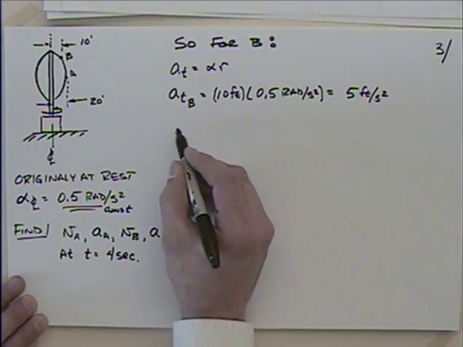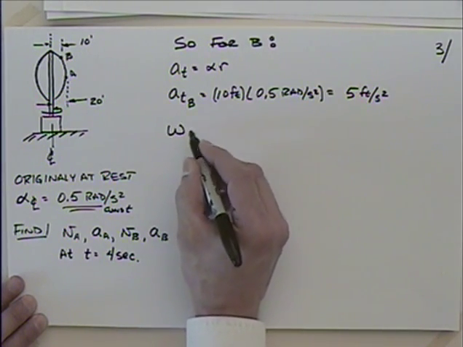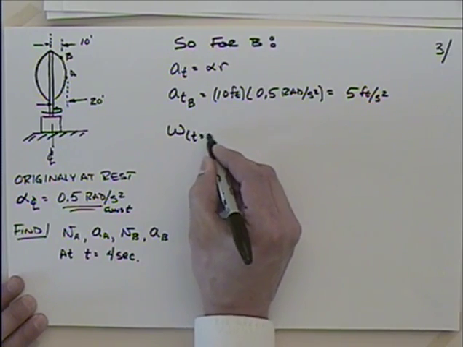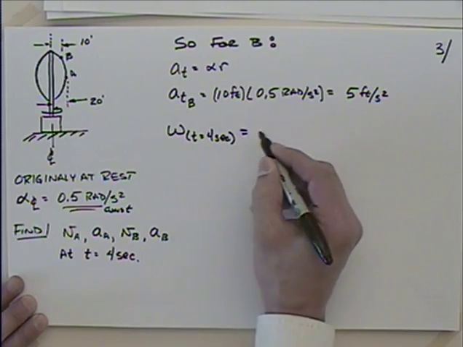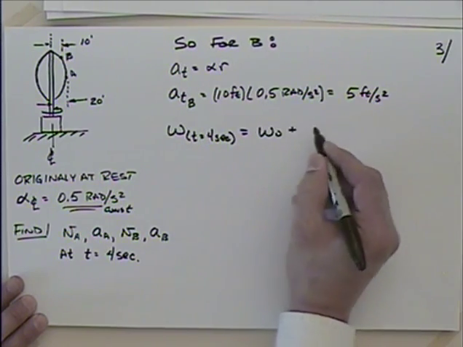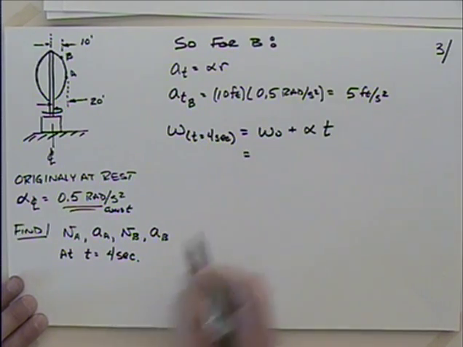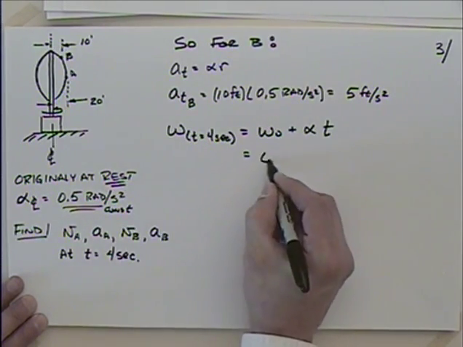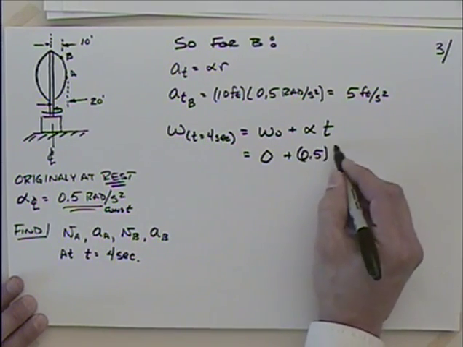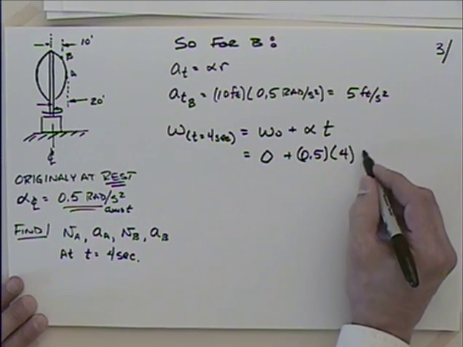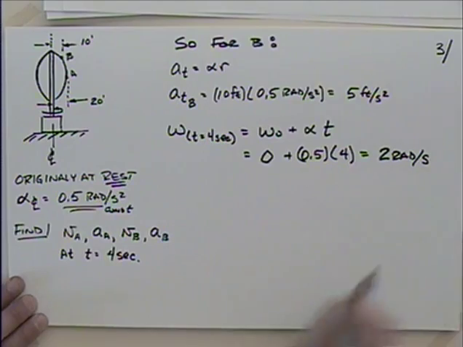If I want to talk about omega, I could say that omega at t equals 4 seconds is going to be equal to omega naught plus alpha times t, right? So this would be equal to, it's originally at rest, so omega naught is 0, plus what was our alpha? 0.5 times t, which is 4, so I come up with 2 radians per second.